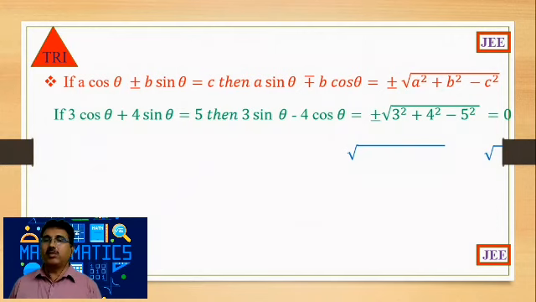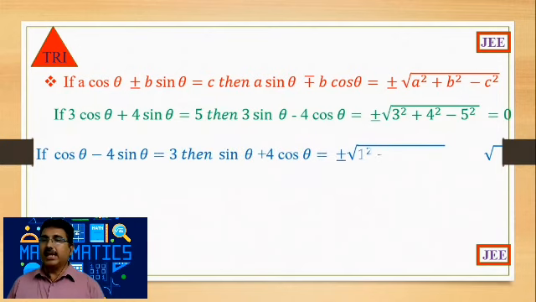Now another example: cos theta minus 4 sin theta is equal to 3. Then what is the value of sin theta plus 4 cos theta? By applying the above formula, that is plus or minus root of a square plus b square minus c square, that is equal to plus or minus root 8.